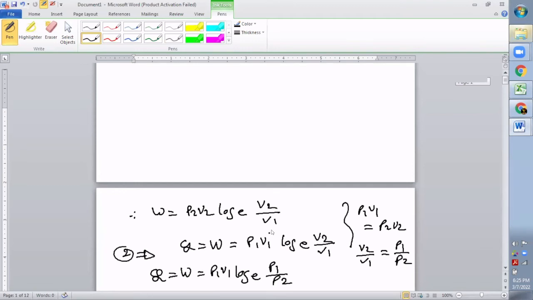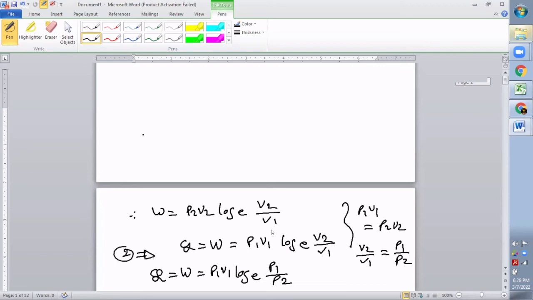So in the reversible isothermal process, we learned the 3 basic equations. The first equation is related to Q: Q is equal to U2 minus U1 plus W. As the change in internal energy is a function of the temperature, and we are maintaining the process at constant temperature, U2 minus U1 is always equal to 0 for the isothermal process.